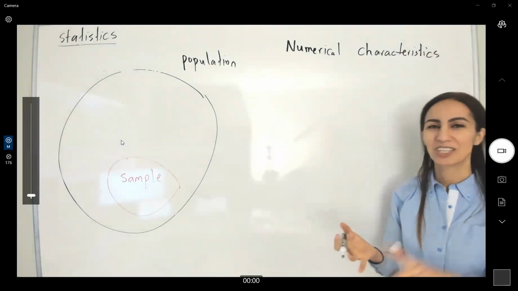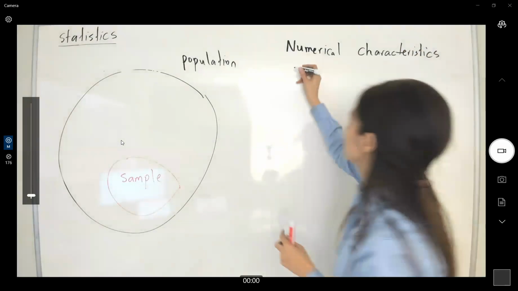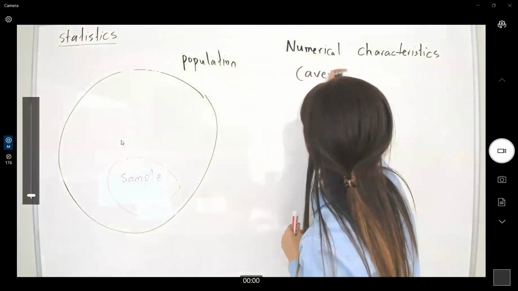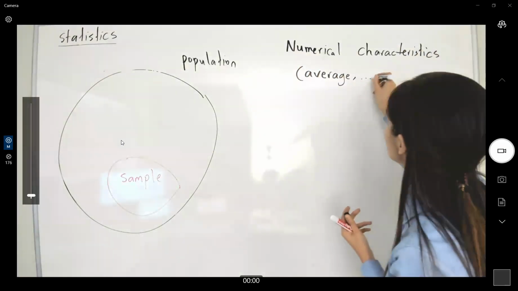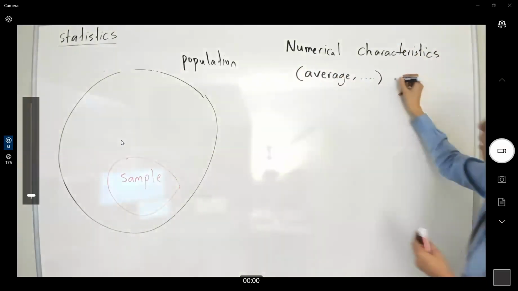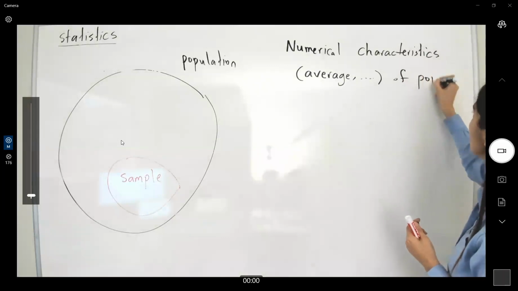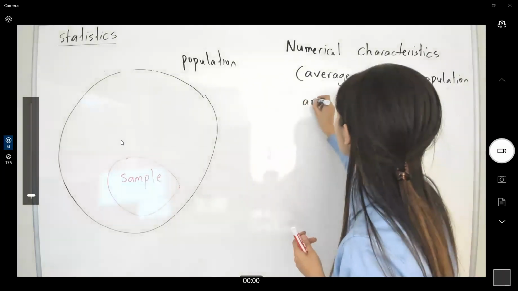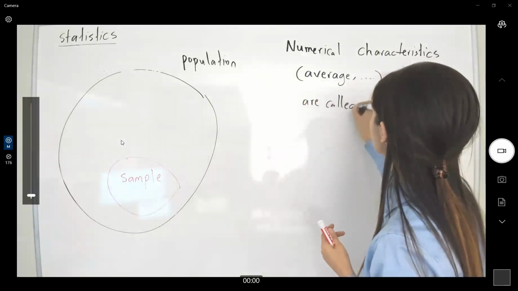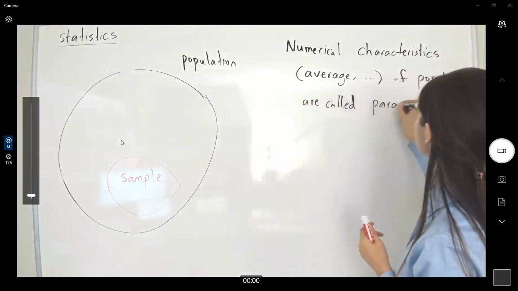Like the average, like the standard deviation. Average, mean, standard deviation, and so on of a population are called parameters.